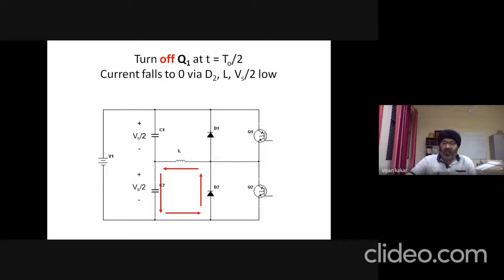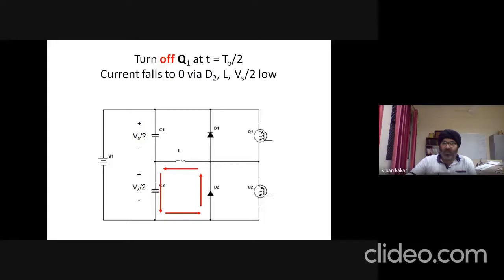So when Q1 was turned on, the current direction was from the supply through this Q1, through this load L, and then back through this C2 and back into the supply. So due to this flow of current, the inductor gets energized.